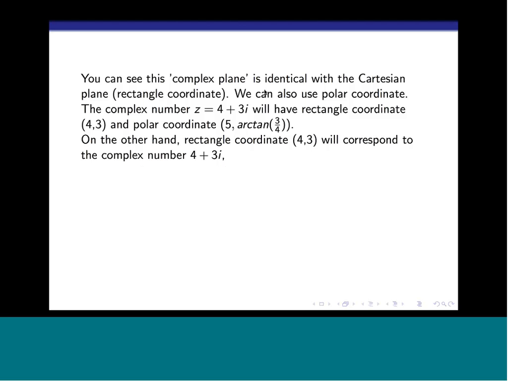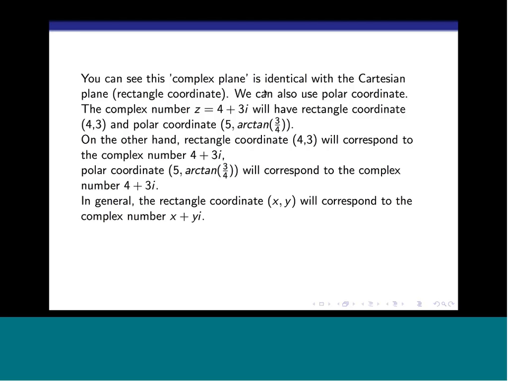On the other hand, you can convert back. If you have the rectangular coordinate (4, 3), it corresponds to the complex number 4 plus 3i. And the polar coordinate 5, arctan 3 over 4 corresponds to the complex number 4 plus 3i.